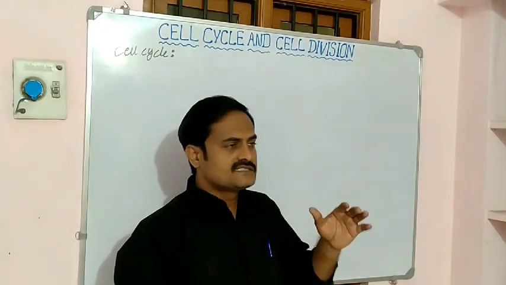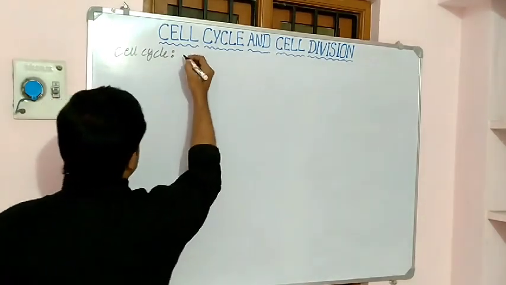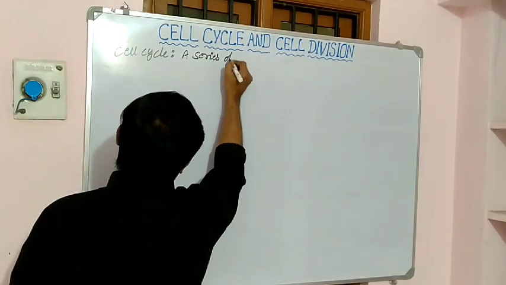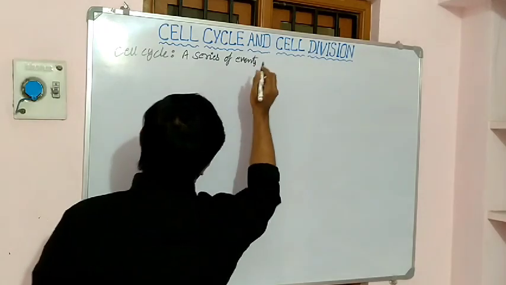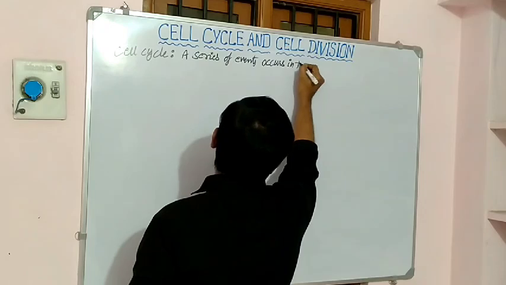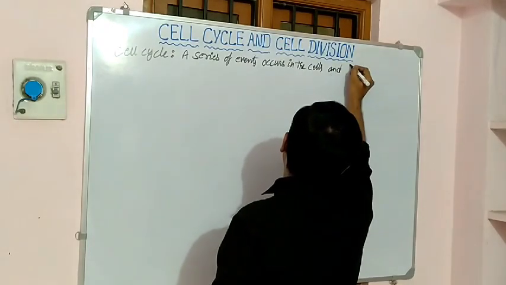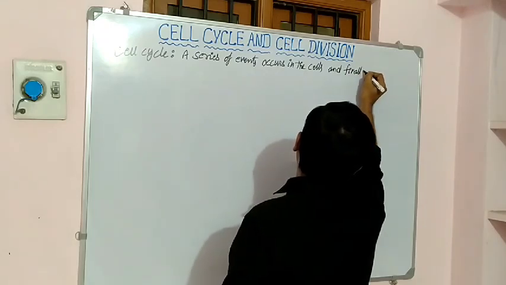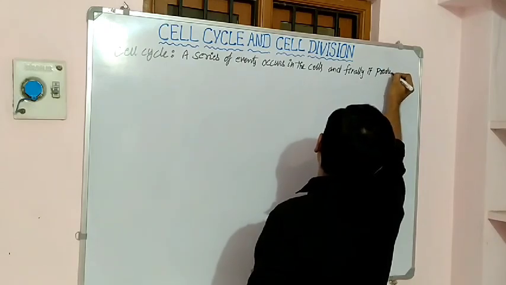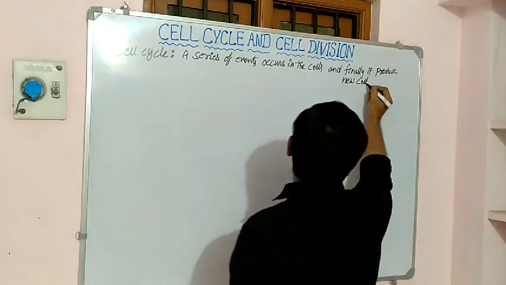A series of events occurs in the cell and finally it produces new cells or daughter cells.